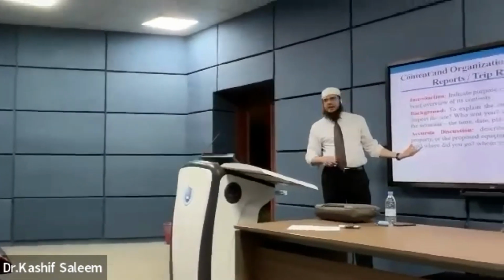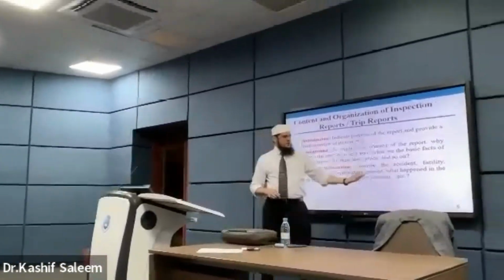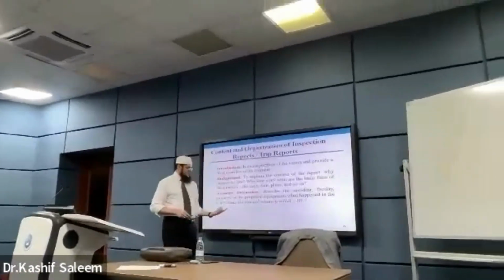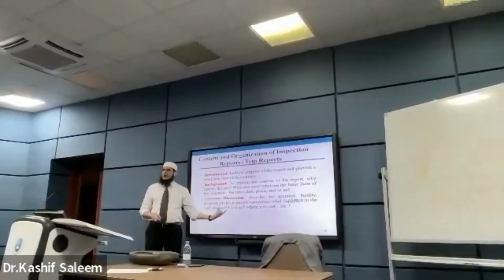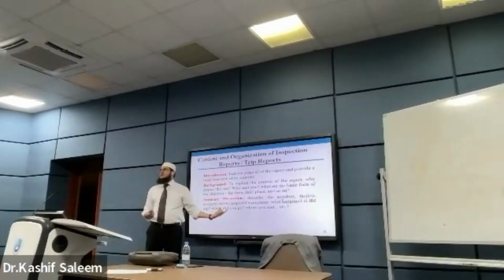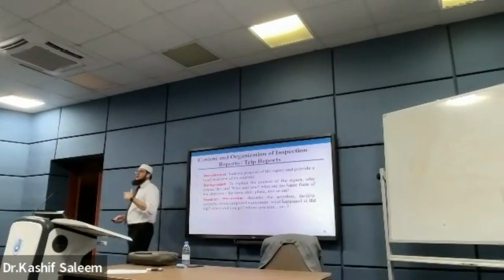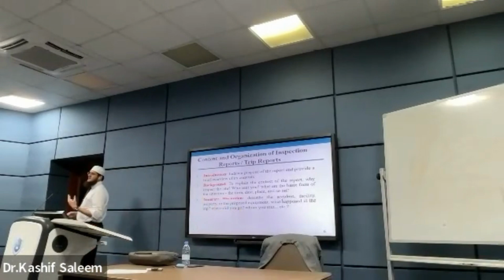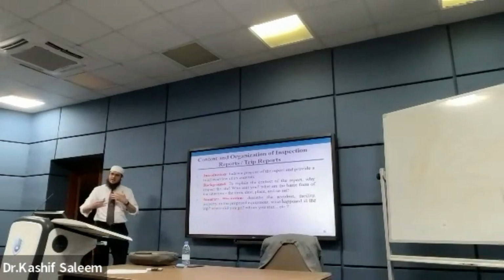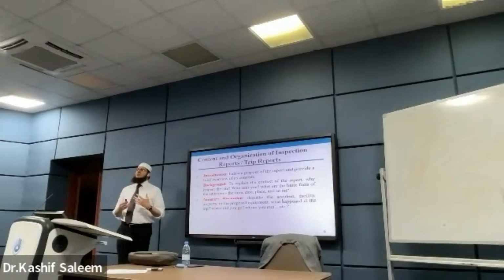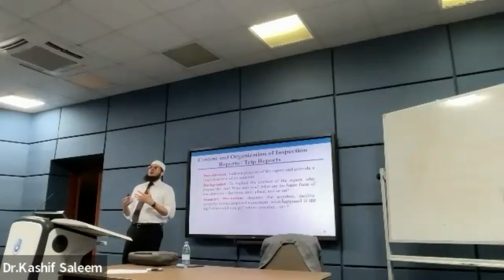Then you have to clearly state what happened in the trip and where you went, where you visited, and whom you met, what the audience is, what people you met with, and what ideas you exchanged, what key points you shared with each other for future betterment or our collaboration.